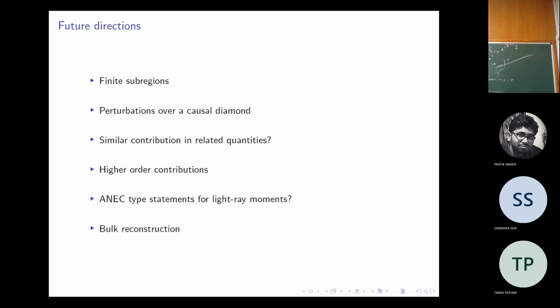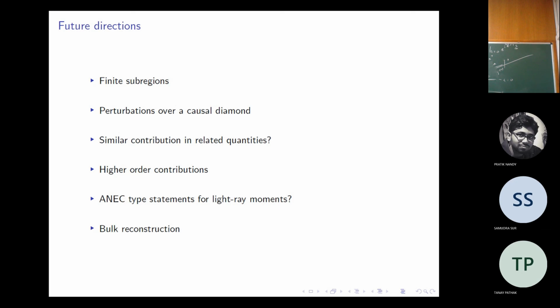Let's say this is my subregion, this is my x plus, x minus axis, and if I have some perturbation in this causal diamond, then in some cases you can show what delta H is. Then H_A plus delta H_A should give you modular flow within this subregion.